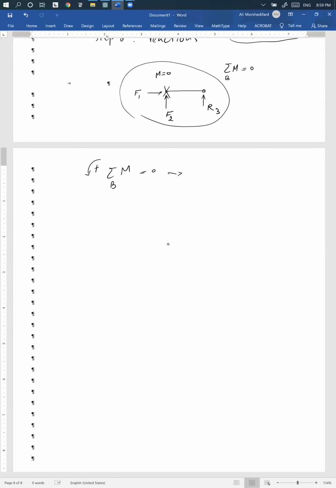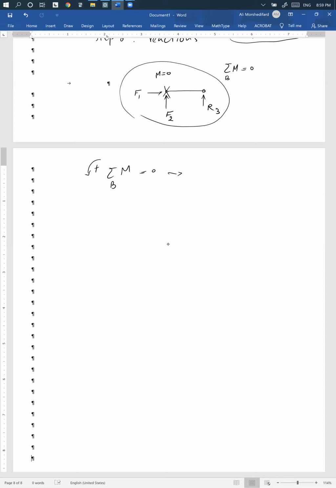So I take counterclockwise. Try to alternate so that you don't get too used to one particular direction, so that you think you always have to take that direction as positive. This is completely arbitrary, right? Remember, this positive convention has nothing to do with the convention we have for internal moments. It's a completely different thing that we use in each situation to sum the total moment on the structure.